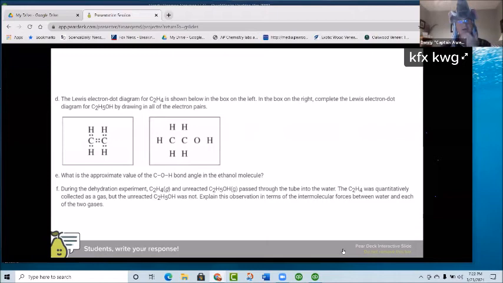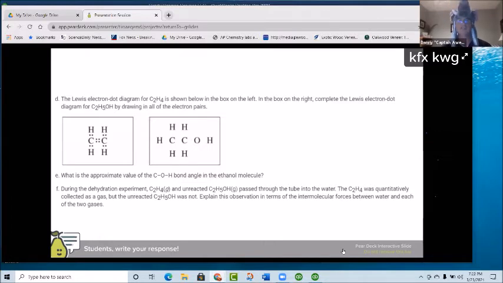They both have London dispersion forces, but the alcohol in this case stuck to the water because it has those hydrogen bonds. You need to note not only that the C2H5OH is polar, which is true, but that it's polar and that lets it hydrogen bond to the water, whereas the C2H4 only had London dispersion forces.